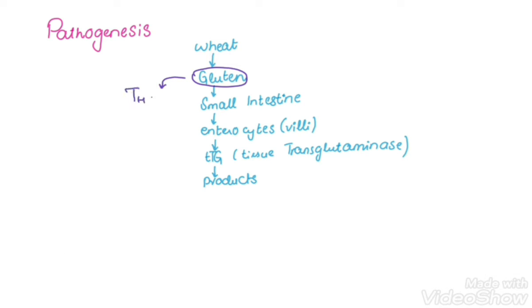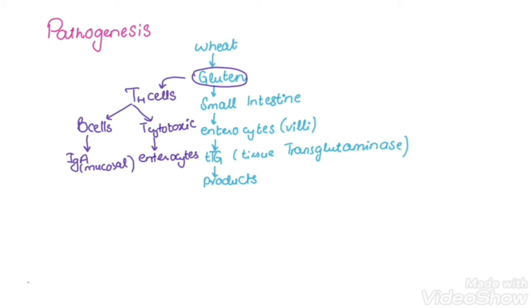But in people with celiac disease, this gluten, which is harmless, activates T helper cells, and these T helper cells then activate B cells and cytotoxic T cells. Cytotoxic T cells directly attack enterocytes, whereas B cells form IgA antibodies. These are normally for the mucosal surfaces throughout the body to protect them.